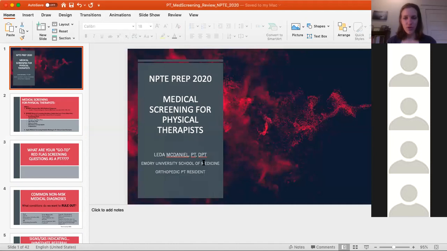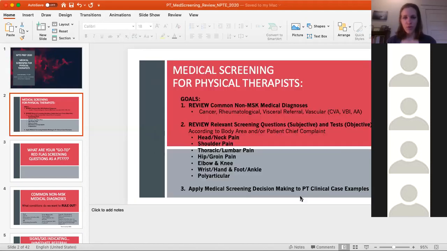So medical screening for physical therapists. My goals for this presentation are to review some non-musculoskeletal diagnoses that we're going to want to screen for. Also want to review some relative screening questions and tests that we can utilize to get a better sense for, are these issues musculoskeletal?